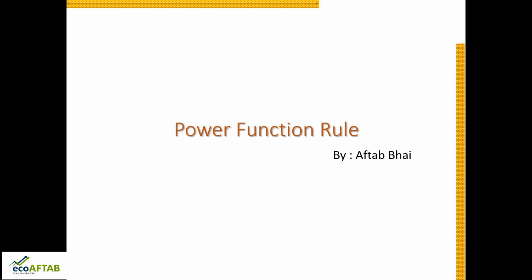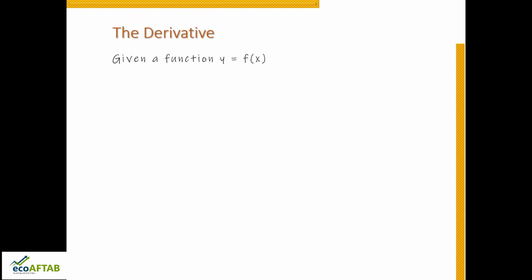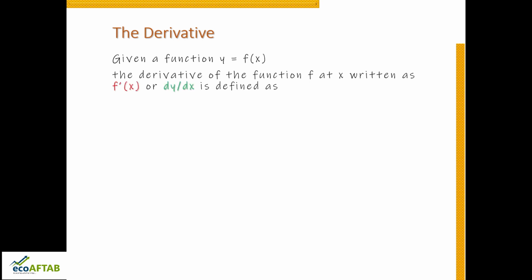Myself, Aftab Bhai. So before going on to the power function rule, let us have a quick recap of the concept of derivative. Given a function y is equal to f of x, the derivative of the function f at x is written as f prime of x or dy by dx, which is defined as dy by dx is equal to limit h tending towards 0, f of x plus h minus f of x, the whole divided by h.